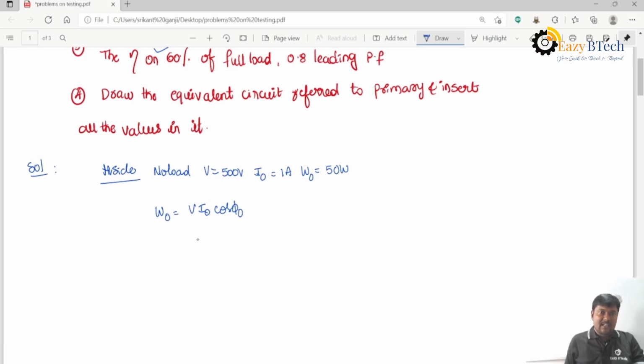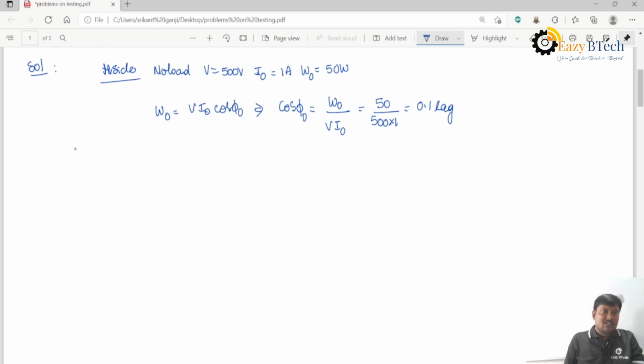From this you can calculate the power factor. Cos phi 0 is equal to W0 divided by V into I0, so 50 divided by 500 into 1. That should be equal to the power factor under no load condition, 0.1 lagging.